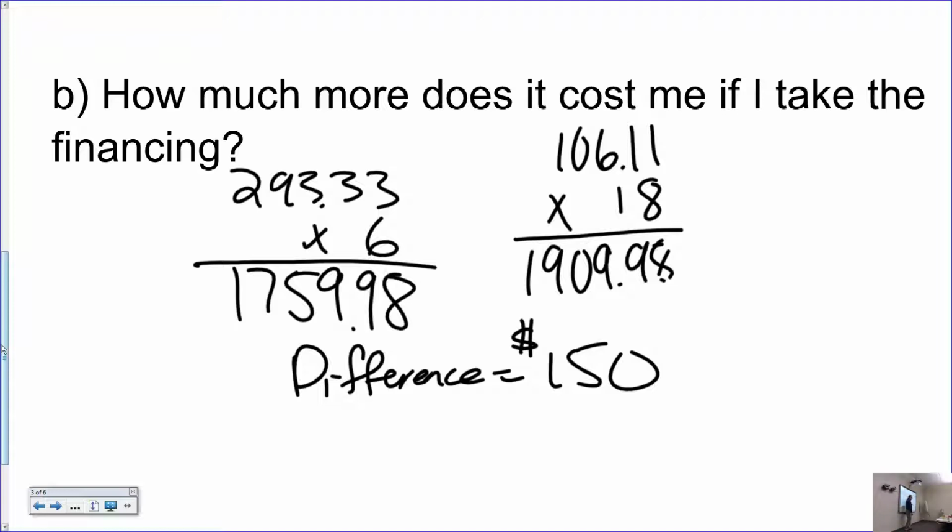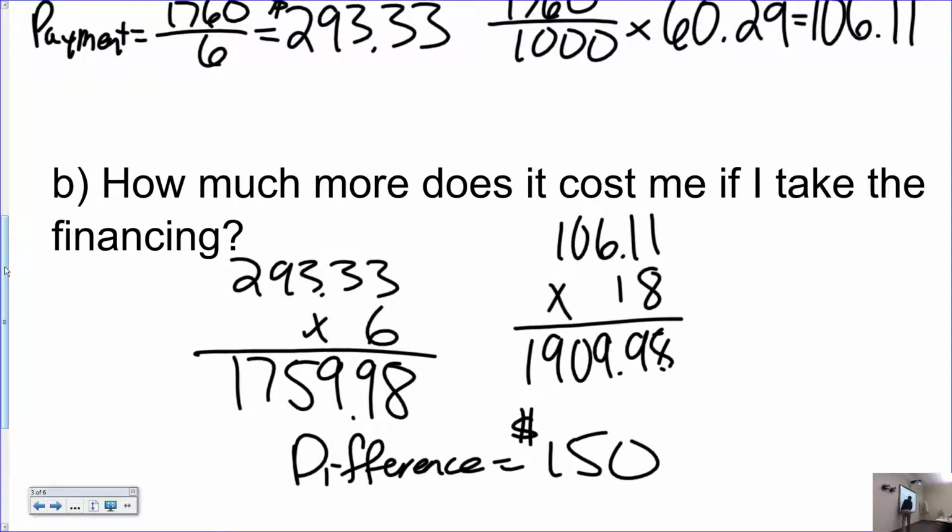Okay? Even if you pay in the 7th month, you owe the full $150 worth of interest. That's what the 10.5% financing works out to give you. Okay? And notice, if you pay $293.33 each month, how much do you wind up paying?